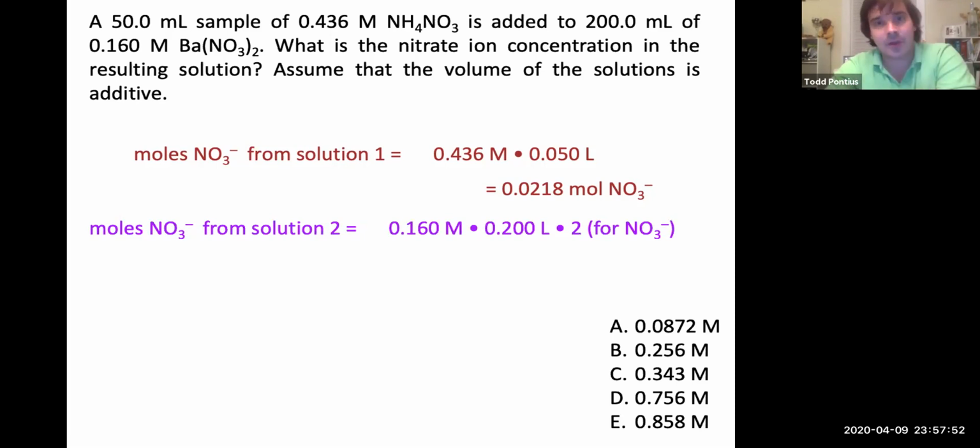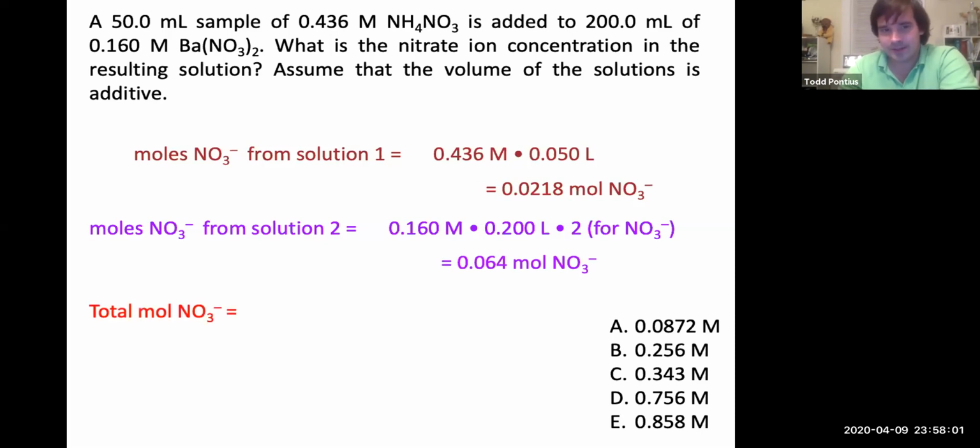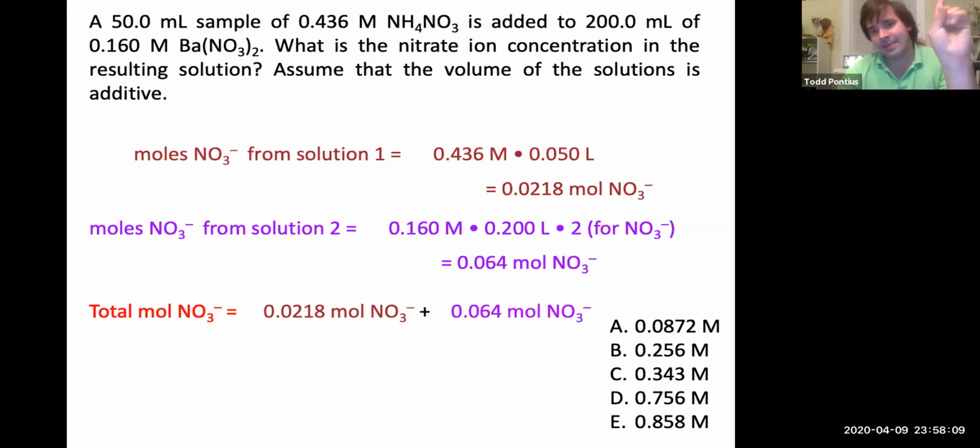And remember, for every one barium nitrate, there's actually two nitrates. So we're going to multiply this value by 2 and get 0.064 moles of nitrate. When we pour these together, the number of moles is additive. All we have to do to find the total moles of nitrate is add the amount of nitrate from solution 1 and the amount from solution 2, and we get 0.0858 moles of nitrate.